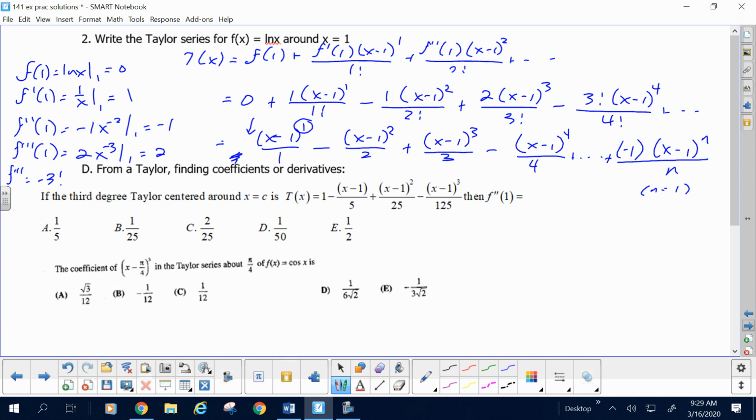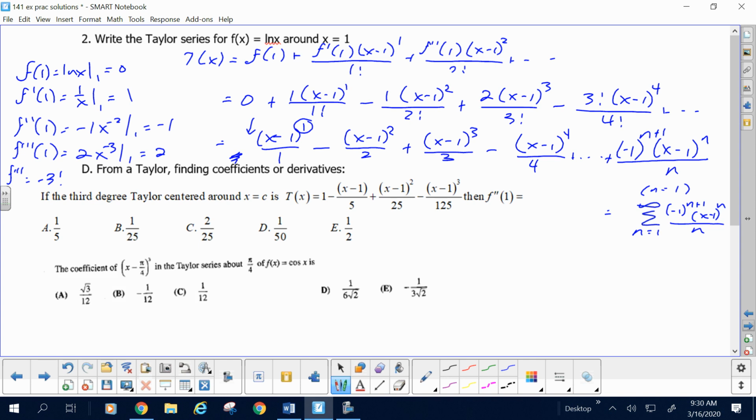And so negative 1 to the n, negative 1 to the first, would be negative, so it needs to be n plus 1. That would work and generate the terms. If you were to do this in summation notation, it might look something like that. All right?